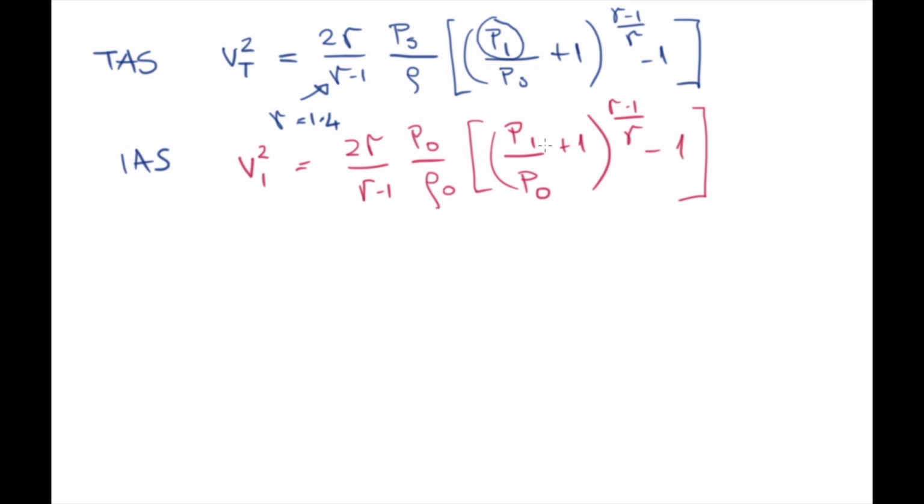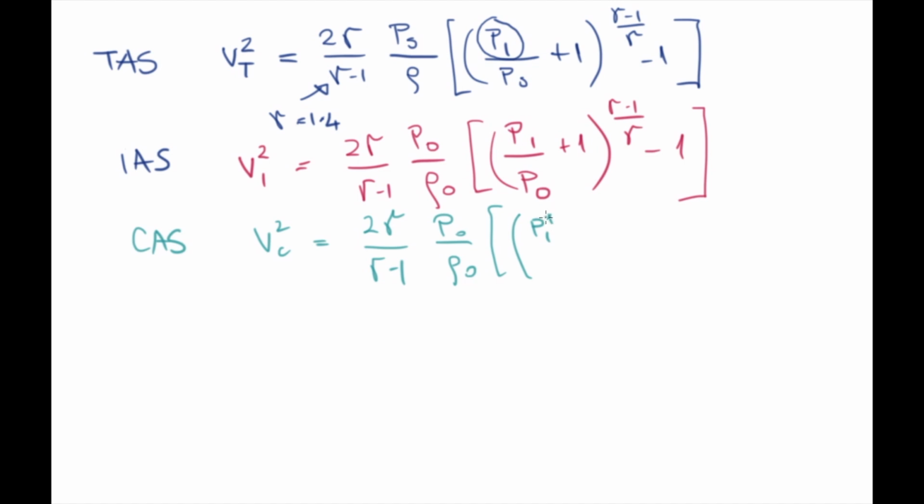Now, if we are able to calibrate this value in some way, then we end up with something we call calibrated airspeed, which is going to look very similar in terms of its equation. We're still assuming sea level values for everything here, but we're going to have a sort of improved version of this.